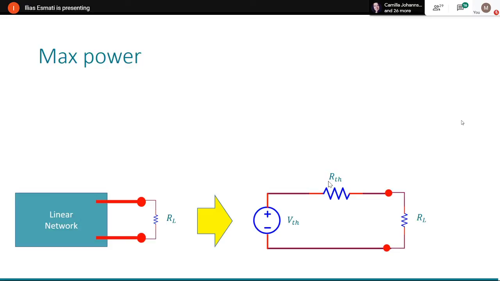This is a continuation of what we did a couple of lectures before. So the linear network can be replaced as a source and resistor, as you can see right here, and now I've attached my load resistor. Again, the load resistor can be anything.